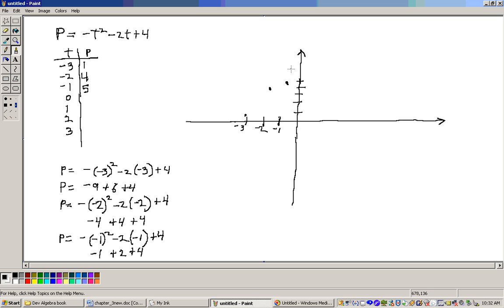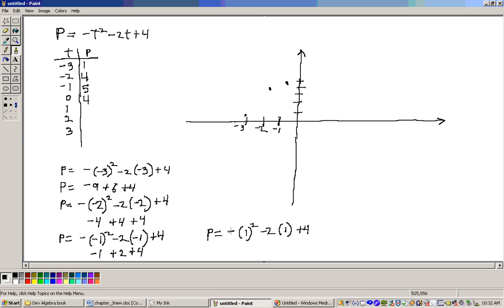Let's go ahead and substitute in 0. If I substitute in 0 for t, well, 0 squared is 0, 2 times 0 is 0, plus 4 gives me 4. And substituting 1 in for t, I get p equals the negative of 1 squared minus 2 times 1 plus 4.